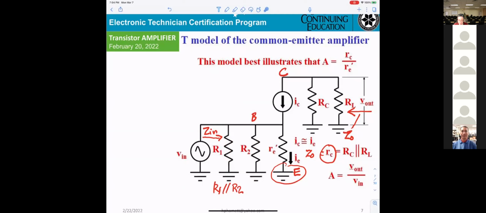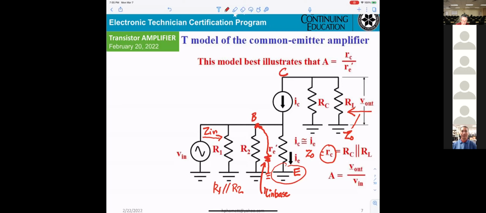R prime E, that means internal. You still get one more resistor. I'm telling you, that resistor from the base to the ground. This resistor, they go up, R in base.